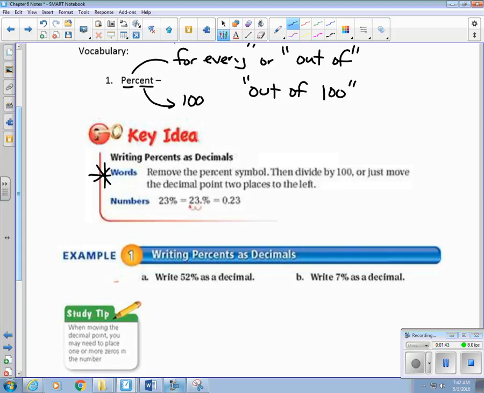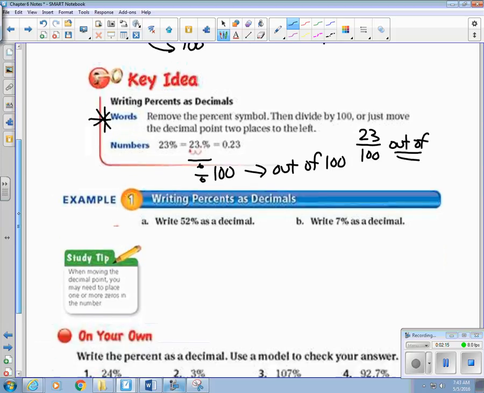When we move the decimal 2 places to the left, it's the same thing as dividing by 100, all right? Which also means out of 100. So if I had a fraction, 23 over 100, the fraction bar means divide, and the 100 is in the denominator, and this means 23 divided by 100, or it also means 23 out of 100, okay?